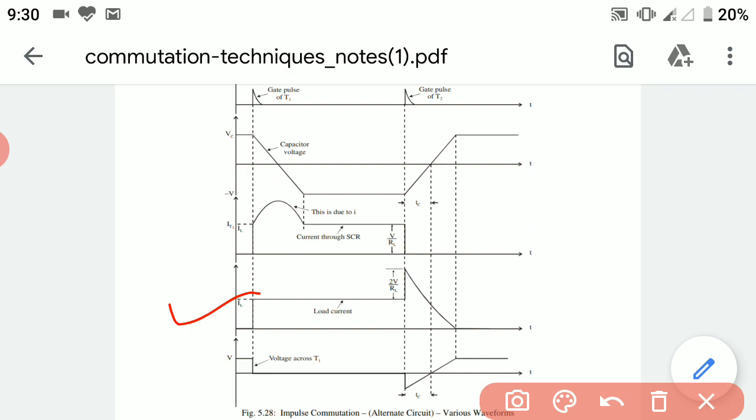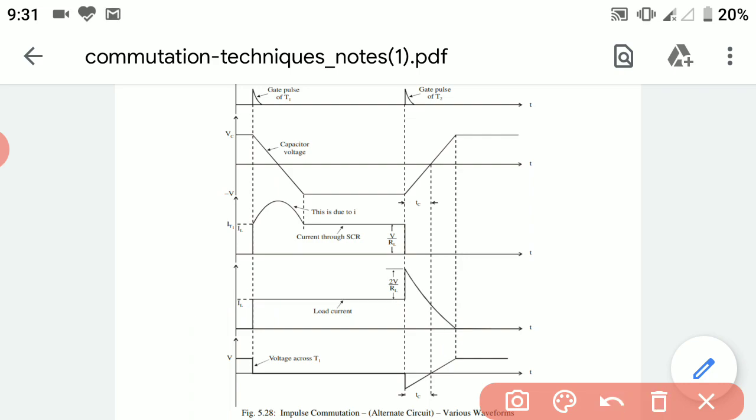As you can see, current is flowing through the load just because of the thyristor T1, it is constant all around, and when thyristor T2 conducts, it again shoots up, due to which the current is flowing through the load because of capacitor C as well as battery V. After that both the thyristors will turn off at this instant.